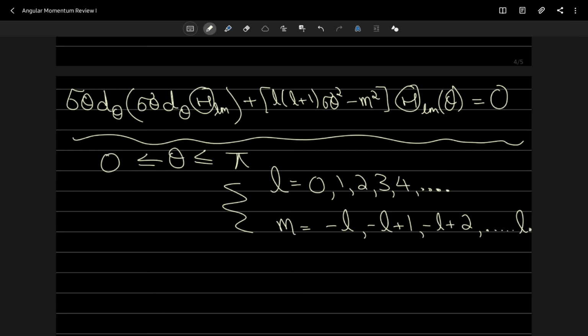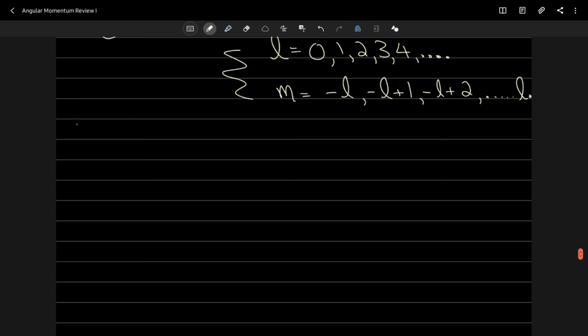So the solution to this equation is expressed in terms of the associated Legendre functions. Let me write it down.